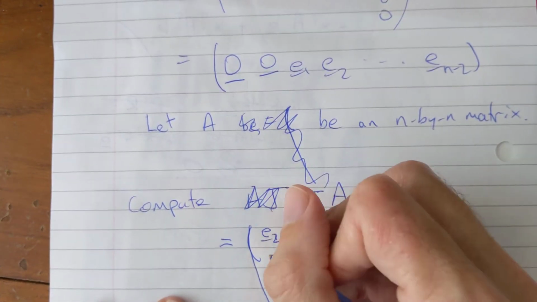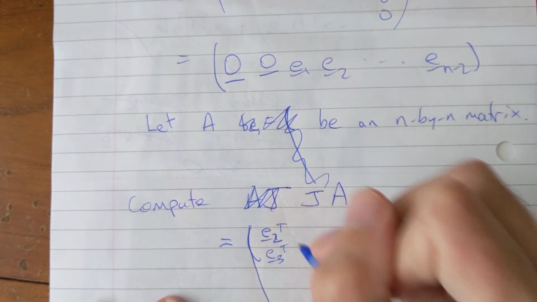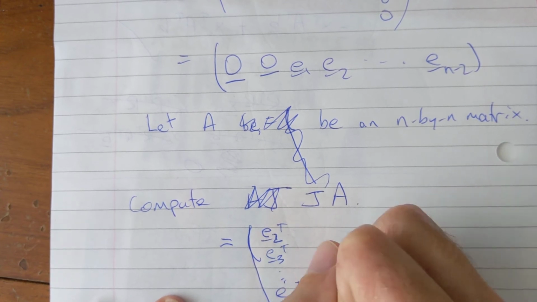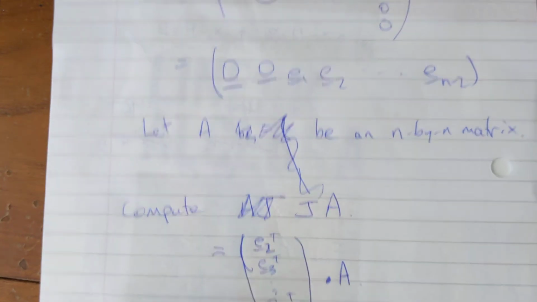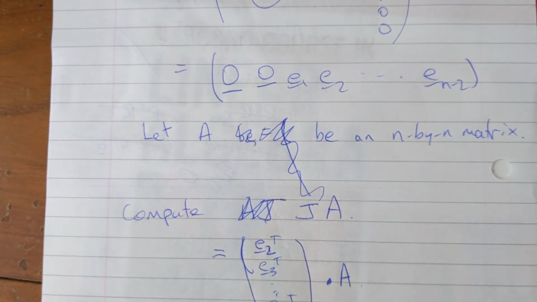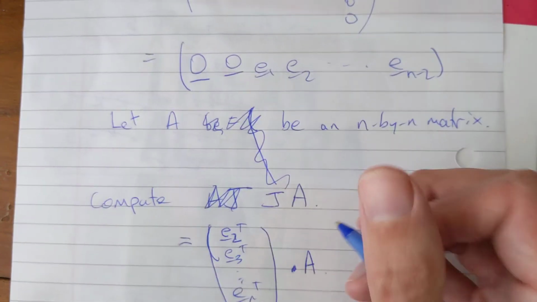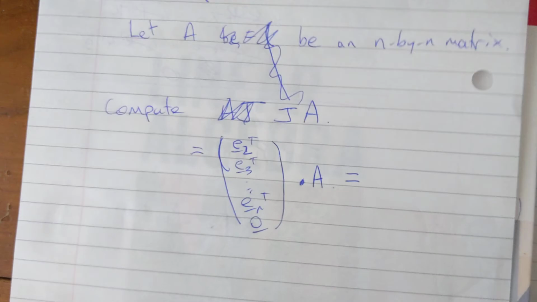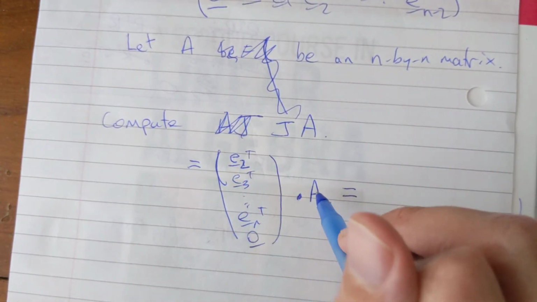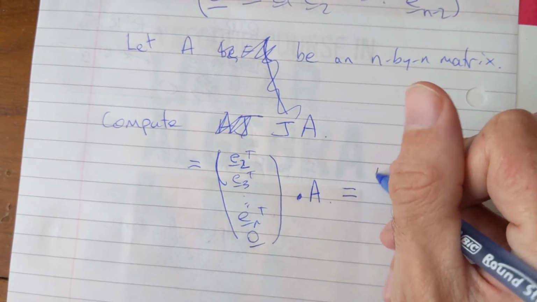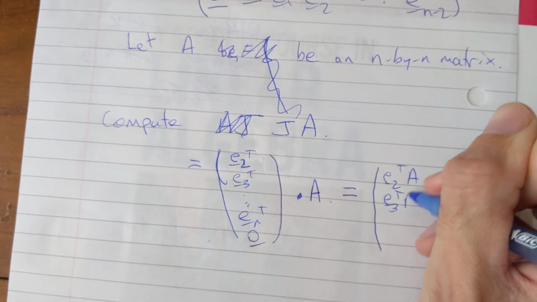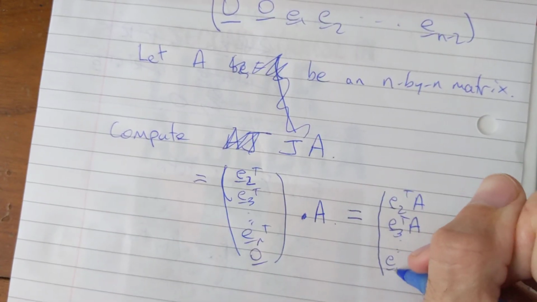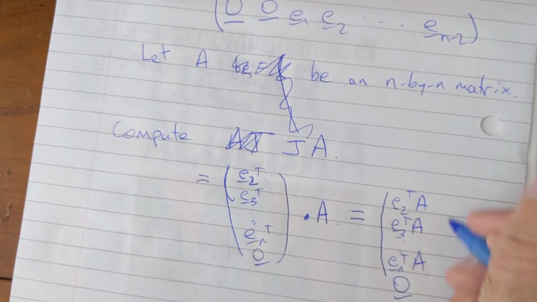The rows of J are E2 transpose, E3 transpose, up to En transpose, and then 0, multiplied by A. The result of this multiplication is just E2 transpose A, E3 transpose A, up to En transpose A, and then 0 as the last row.